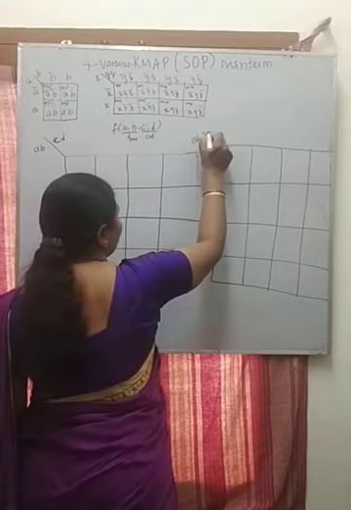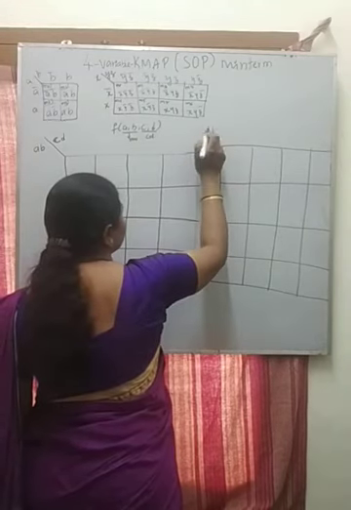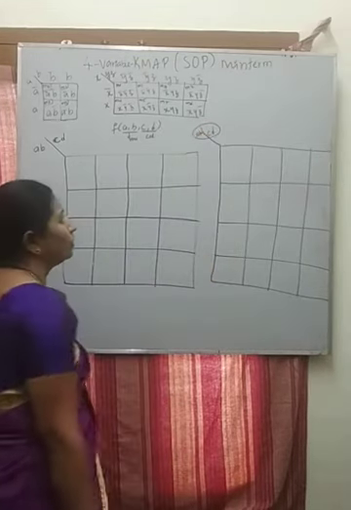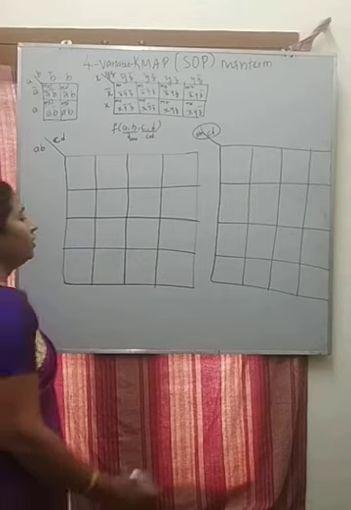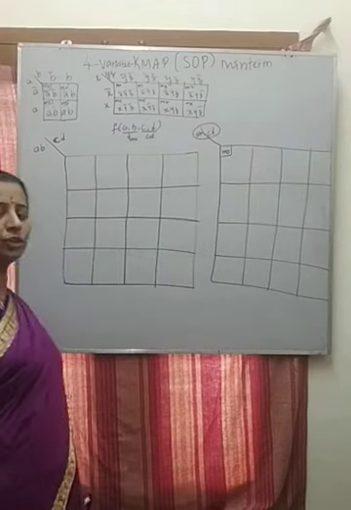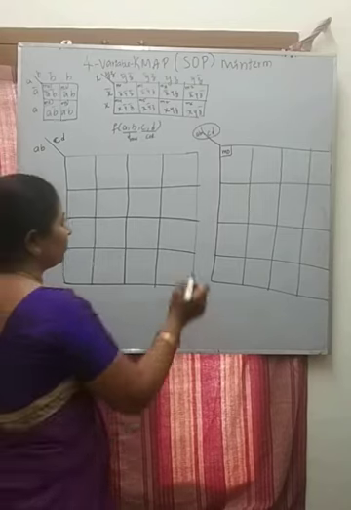This is AB, CD. That means this side is for AB and that side is for CD.